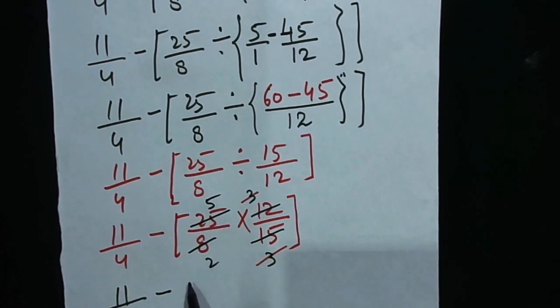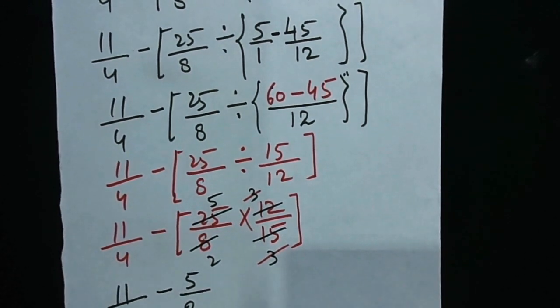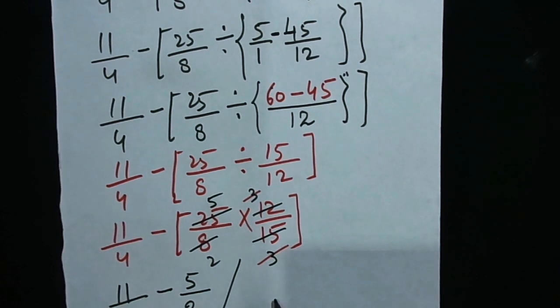minus 5 by 2. Once again I have to take the LCM. The LCM of 4 and 2 is equal to 4. 11 minus 4 divided by 2 is equal to 2.